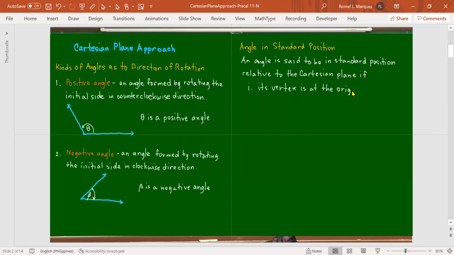And the second condition that needs to be satisfied: its initial side is located on the positive x-axis. Again, its initial side is located on the positive x-axis.